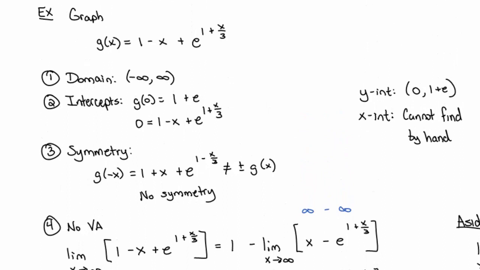And I think, just intuitively, there is an oblique asymptote because this picture right here, not as x goes to positive infinity, but as x goes to negative infinity, that picture will tend to 0. I know, because e to a negative infinite power is going to tend down to 0.